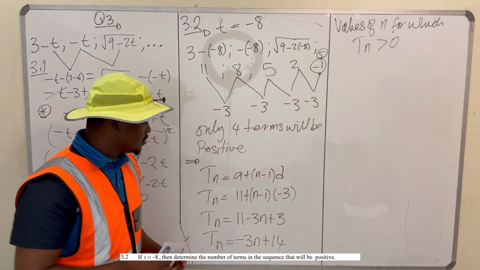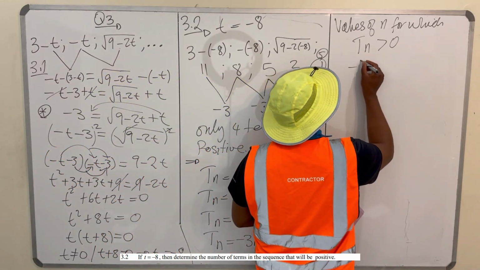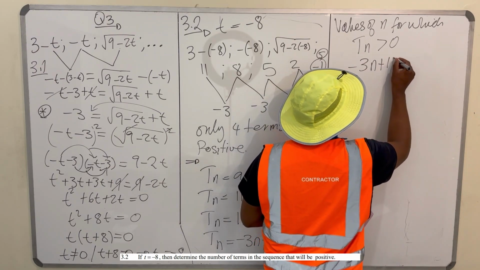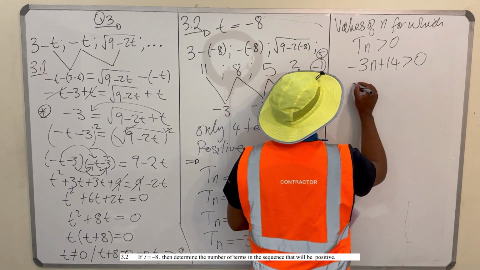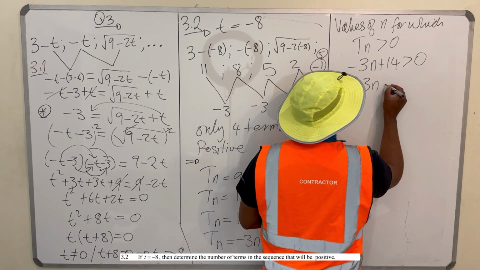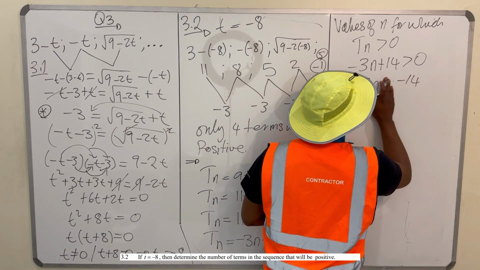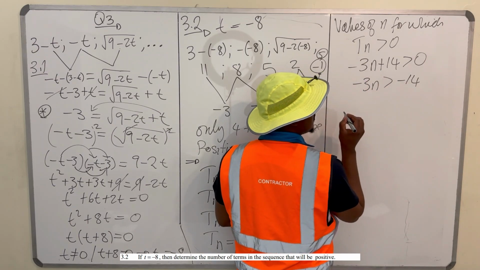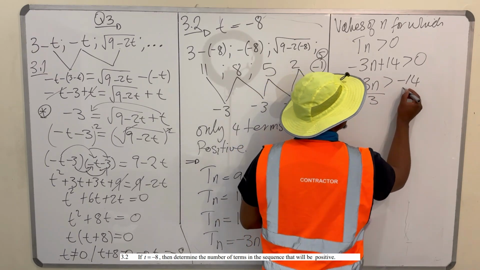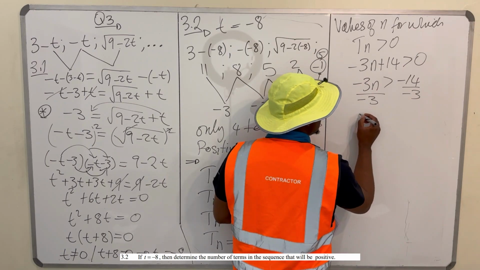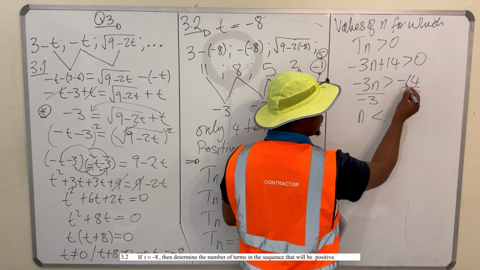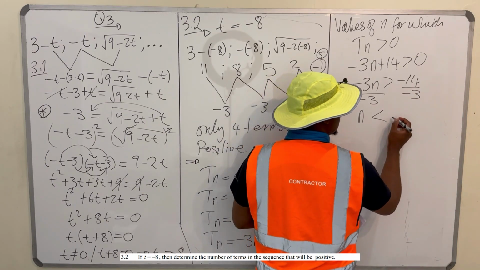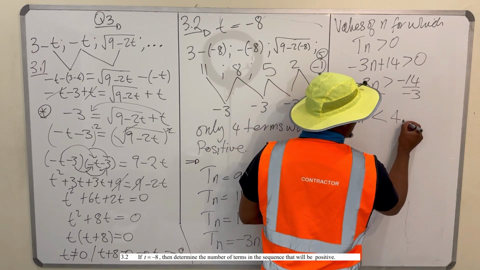So what is your Tn? It's minus 3n plus 14 greater than 0. Then minus 3n is greater than minus 14. Then divide by minus 3 on both sides. Then n is less than, because the inequality changes when dividing by a negative, 4.67.